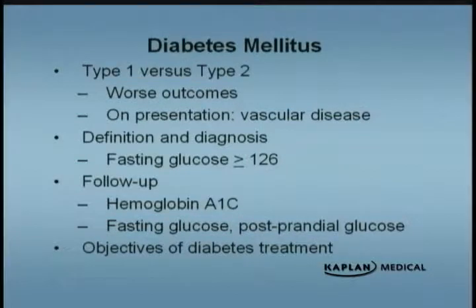If you take a patient presenting with type 1 diabetes early on, because they haven't had the disease for a long time, because you can't live without insulin for a long time, they usually don't have any vascular complications when they present to the physician.